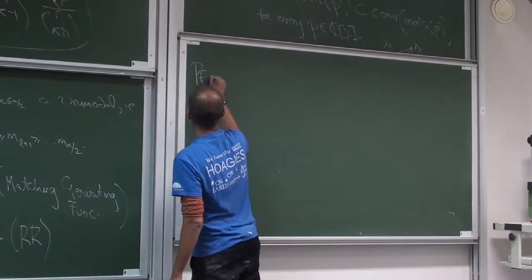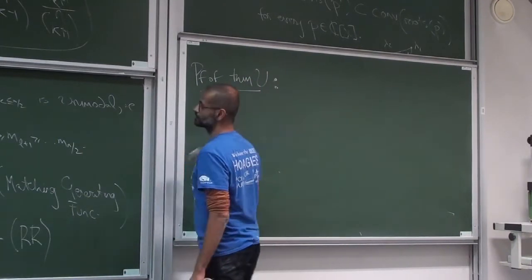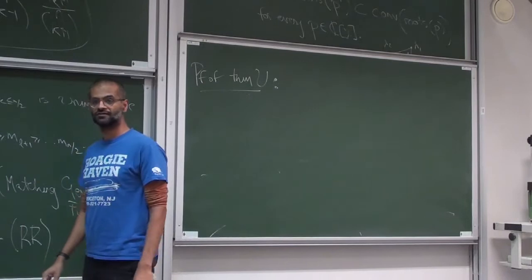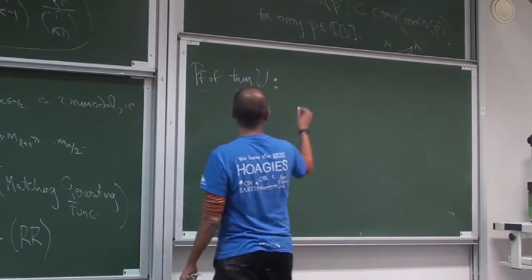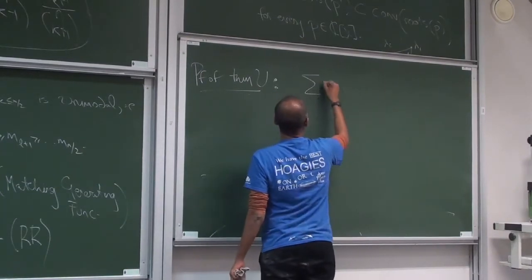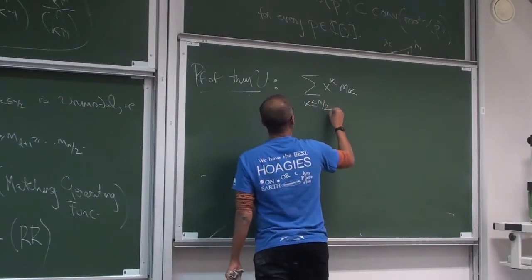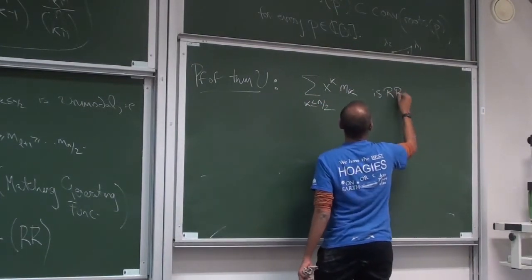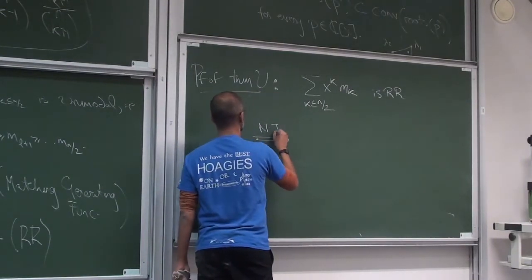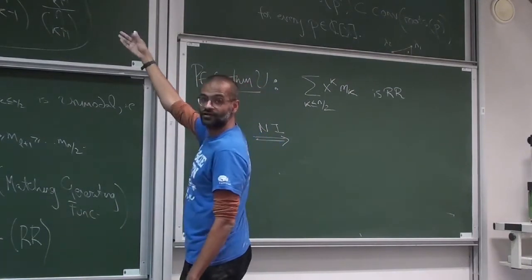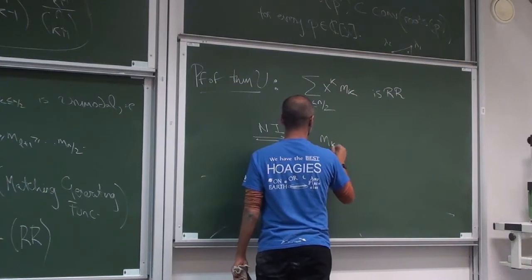Okay, so now you have proof of theorem U, which is the theorem about unimodality of these matching coefficients. Well, what's the proof? By theorem R, this polynomial is real-rooted. So then by the Newton identities, namely property 3 that's written over there, I get that these coefficients satisfy these inequalities.